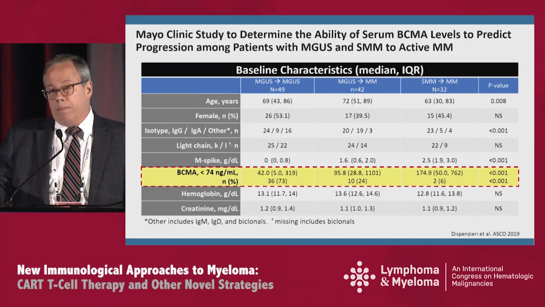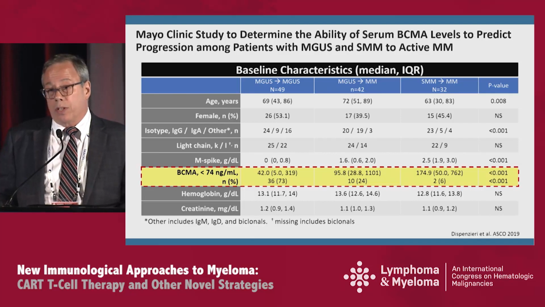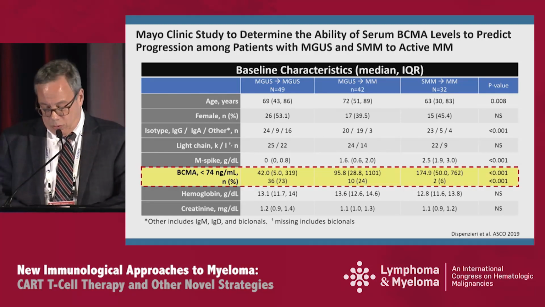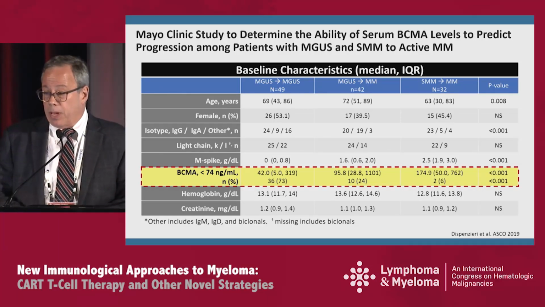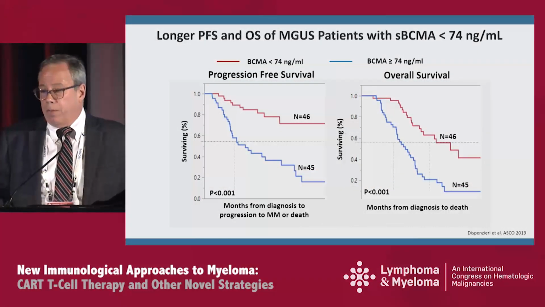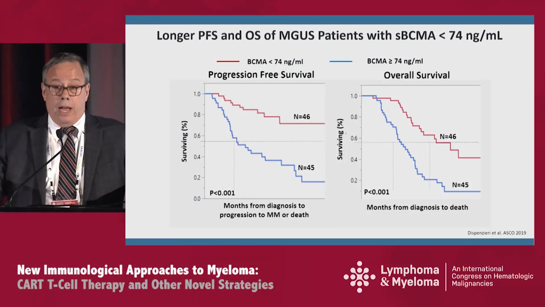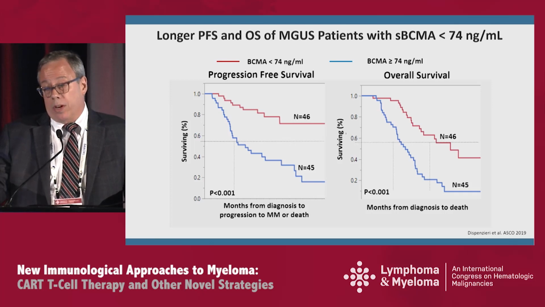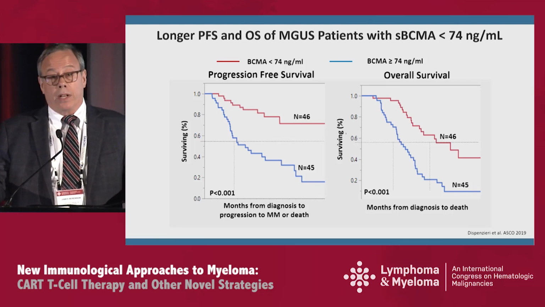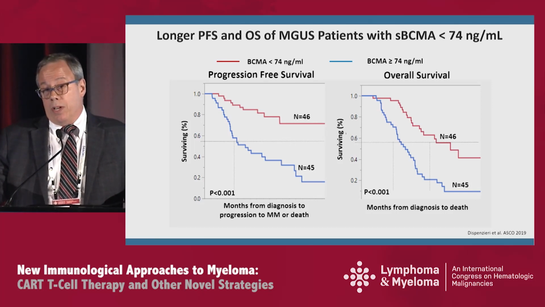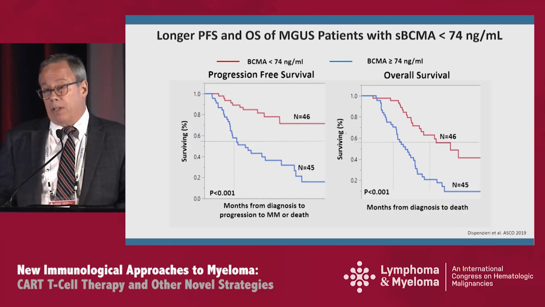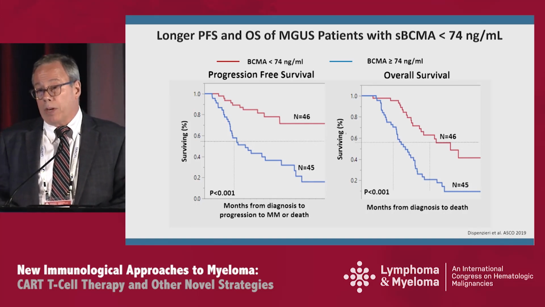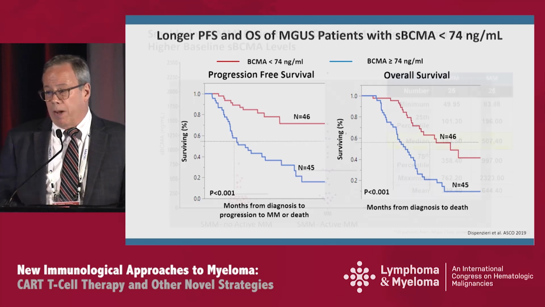So nobody who had a BCMA below 28.8 in this pilot study actually went on to myeloma. And on the right-hand side, you can see smolderings who went to myeloma. The numbers were 175. This actually not only predicted for the patient's transformation, but you can see on the right-hand side, it actually predicted overall survival. So indeed, BCMA levels at baseline predicted not only progression to myeloma, but overall survival as well.